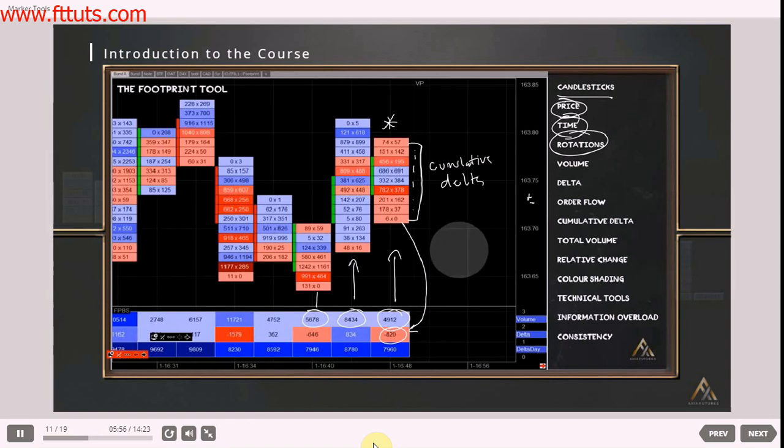And what that's telling us is that there was more selling than buying in this entire rotation over price point 70 to 80. Now again, that in its own doesn't mean much, okay? For now, we're just looking at purely what every single piece of information on this chart represents.